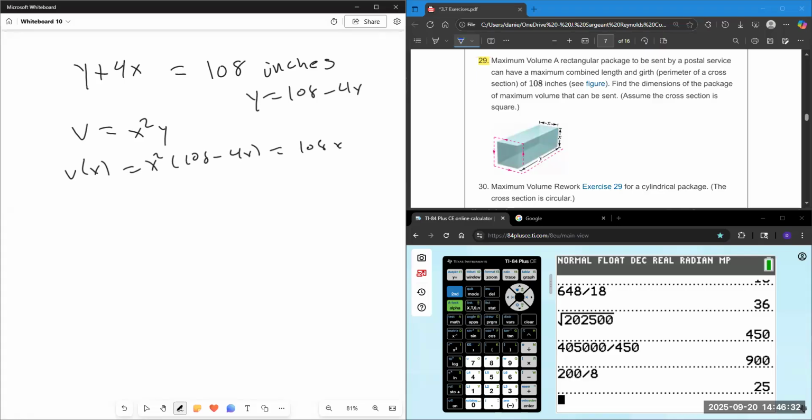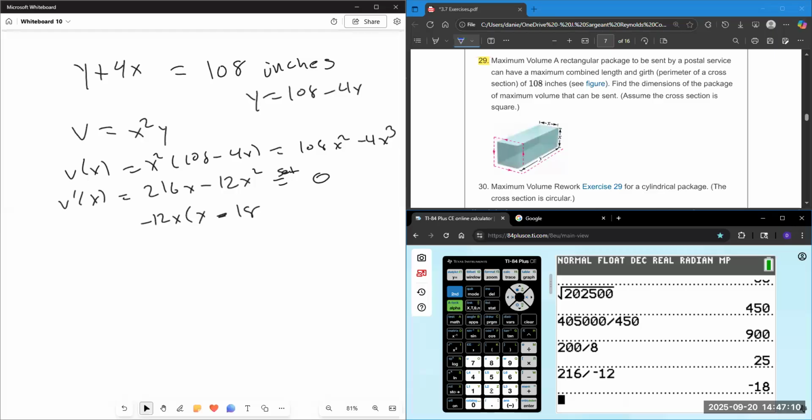It's 108x squared minus 4x cubed. V prime of x is 216x minus 12x squared, set equal to 0. And then I'm going to factor out a negative 12x: x minus 18, since 216 divided by negative 12 is negative 18.